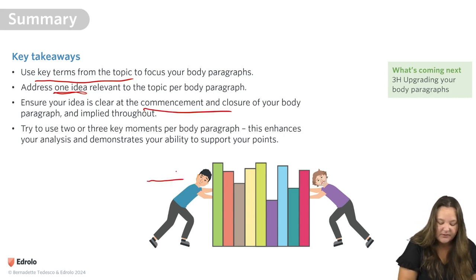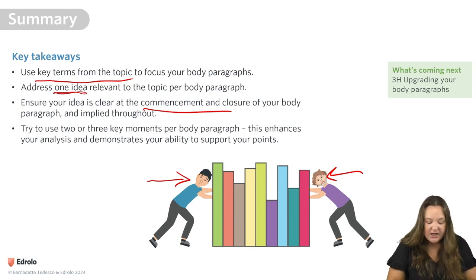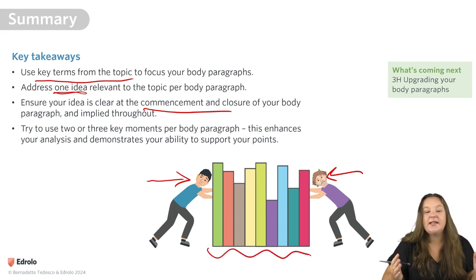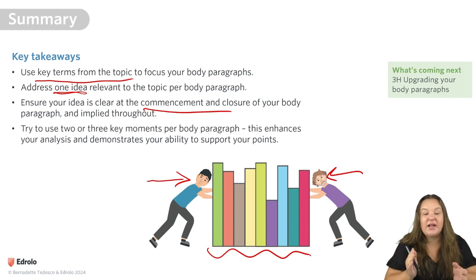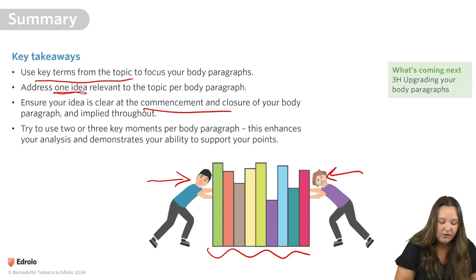Remember, at the start and the end, you'll be focusing on that idea, and everything else in the middle is unpacking that idea. Try to use 2 or 3 key moments throughout your body paragraph.